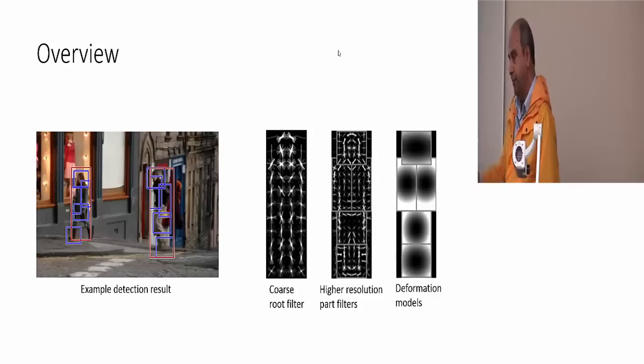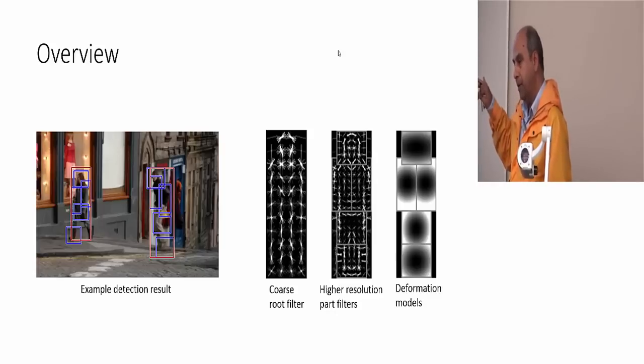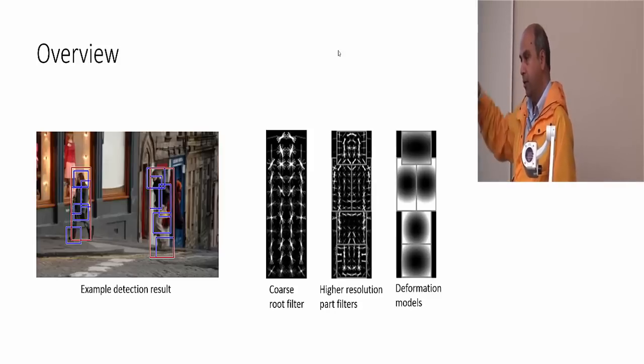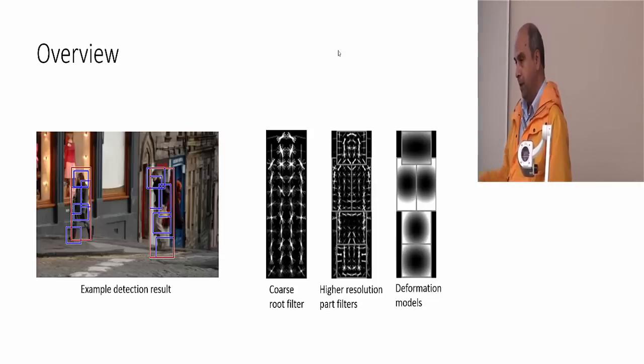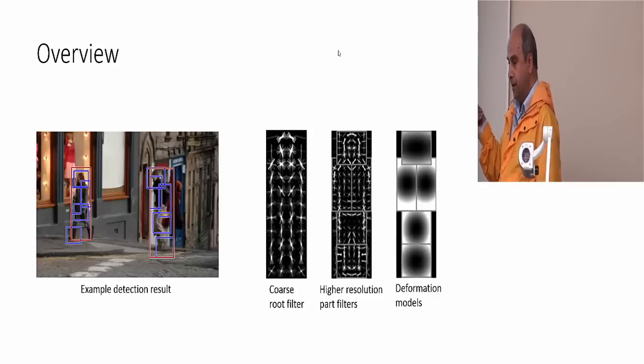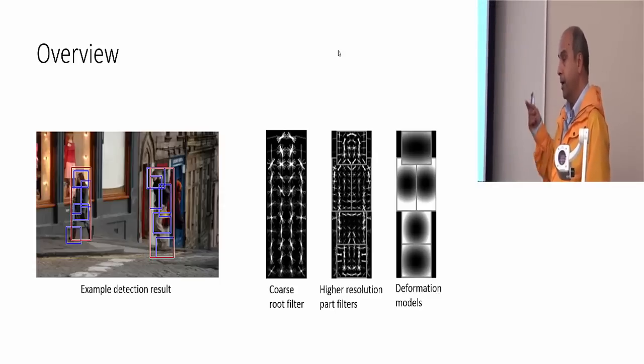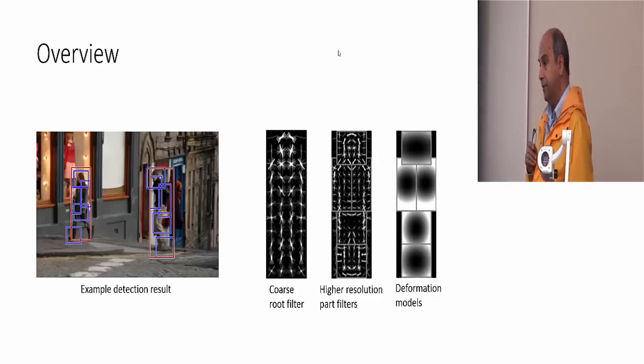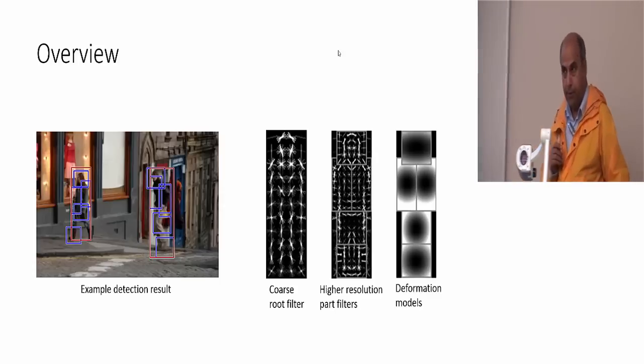And for the cars, you can have several parts. But the annotation is given at the whole level, exactly the same as you had annotation at the whole human level. So the interesting thing about this is that it's automatically going to identify where the parts are and also identify these weights. Okay? So yeah.